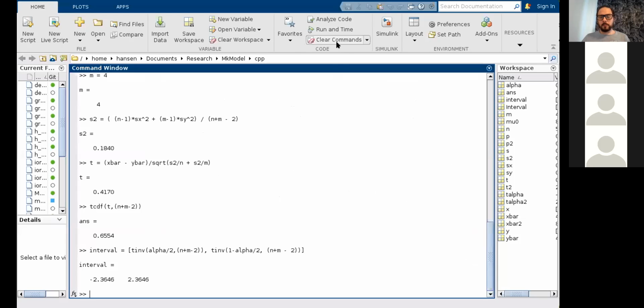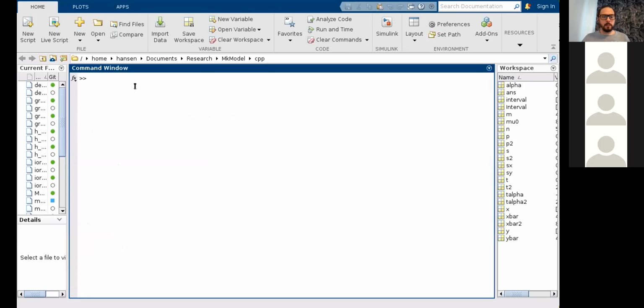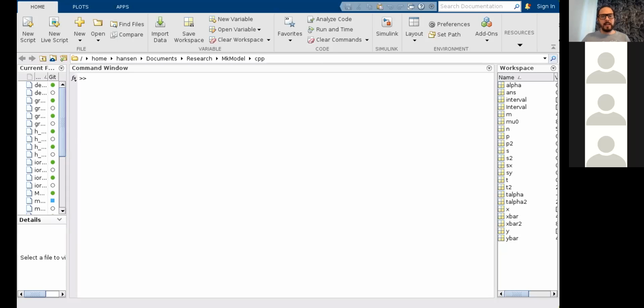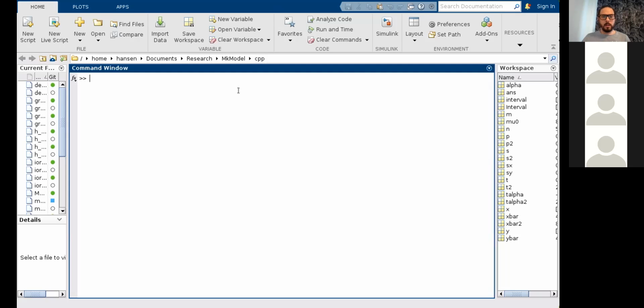All right, so I'll clear the command window here. We have the sample given in there, so this needs a little bit of typing to do. The measured values, I'm using integers here because these are integers, but honestly, this already tells us that they're not from a normally distributed variable because they can't all be integers. There's something fishy here, but we're just assuming that they are normally distributed.